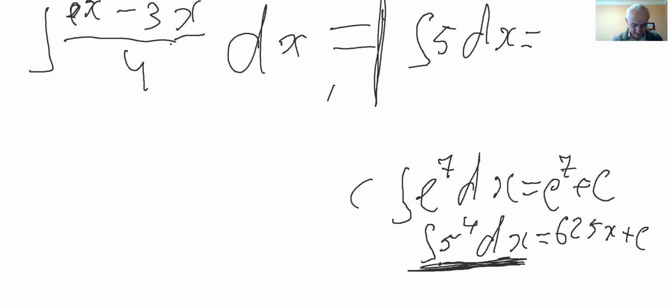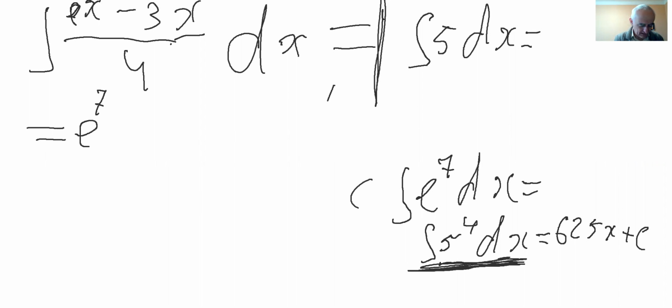So it's not correct as written, but I will write down here, we can move out e to power 7 because it's constant. So don't confuse in future e to power x and e to power 5, 7 or some constant number.